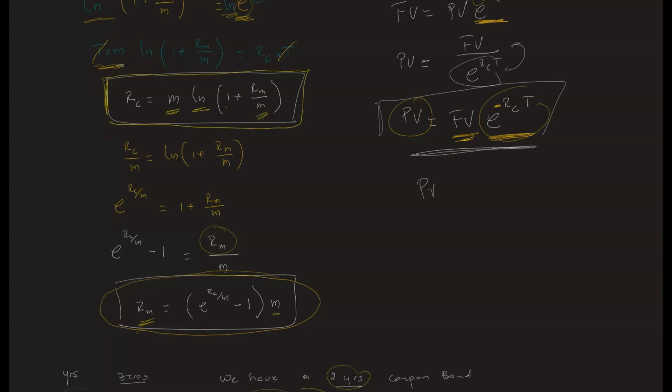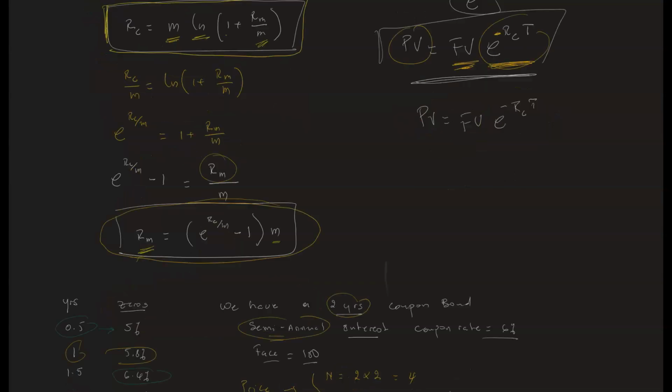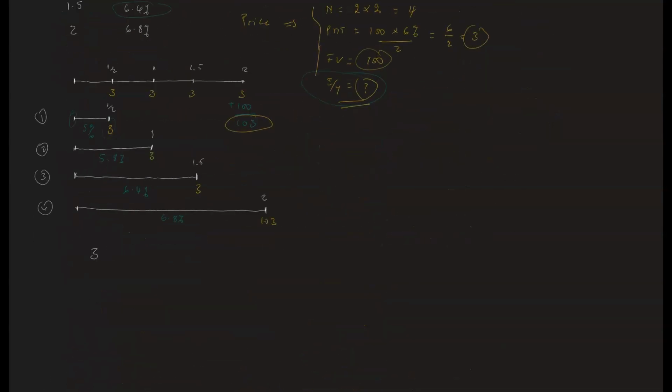We say present value is equal to future value times the exponential of minus the continuously compounded interest rate multiplied by t. So this is what we apply here. That's going to be the future value because we're getting that at some point in the future. Exponential of minus the 5% multiplied by t, which is 1/2. And so that is the first cash flow.